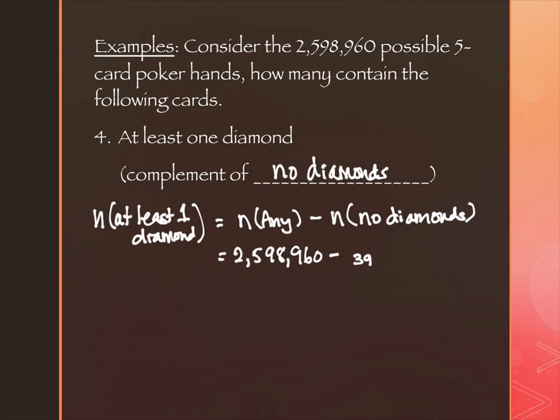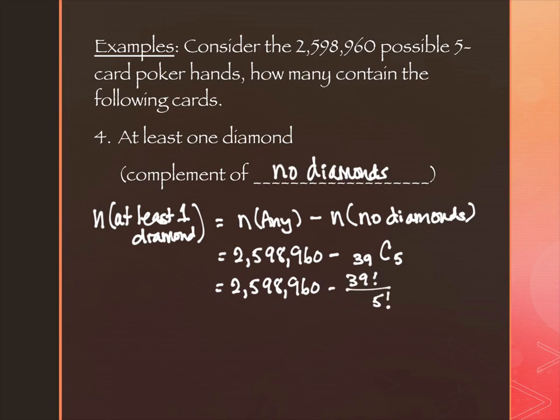Or, if you prefer, you can say there's 13 clubs and 13 spades and 13 hearts, and you can add the 13s together 3 times. You can think of it from an addition perspective instead of a subtraction perspective. And I'm choosing a 5-card hand still. So we have 39 factorial.